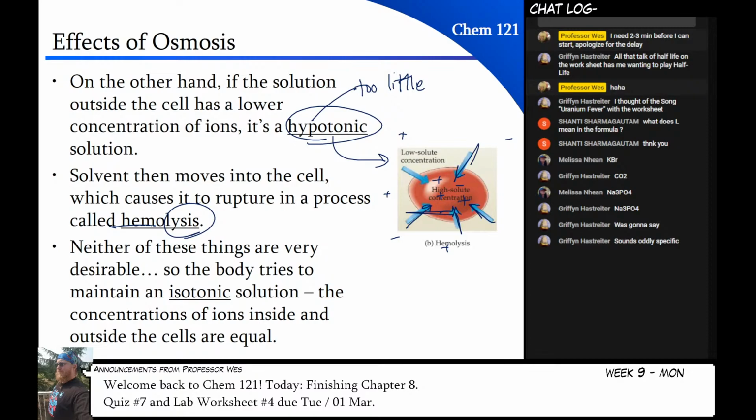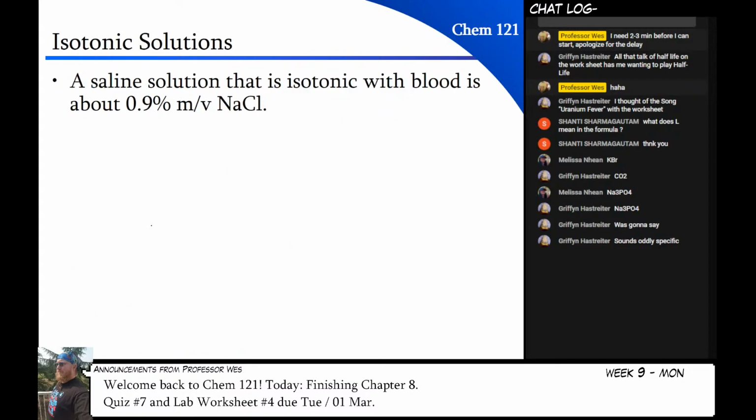A solution is isotonic if it has the same concentration of ions inside the cell as the solution does itself. What are the isotonic solutions? That's saline solution. Saline solution is specifically prepared so that it is isotonic with human blood. The correct concentration is 0.9% mass volume sodium chloride.